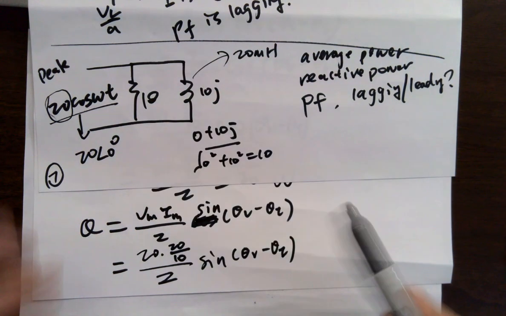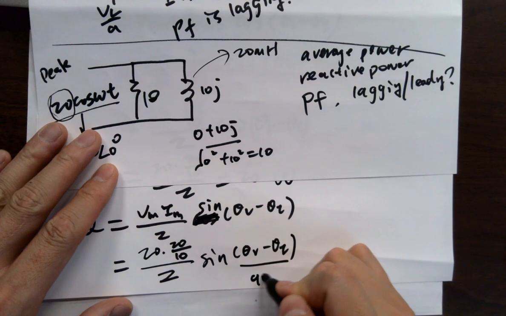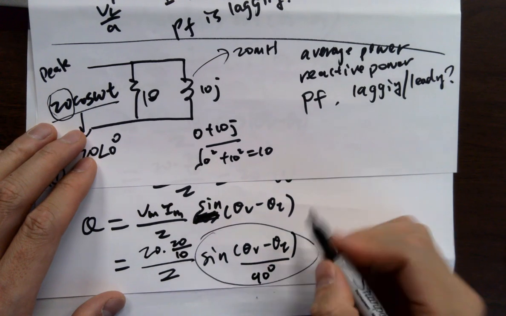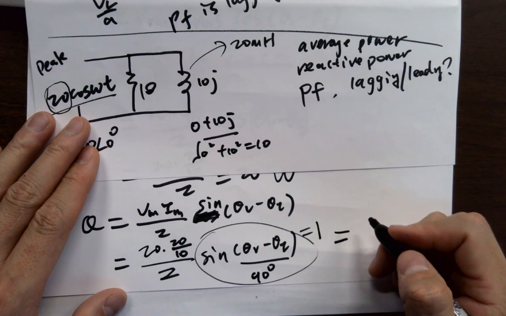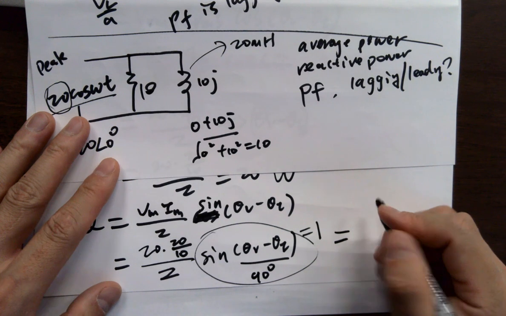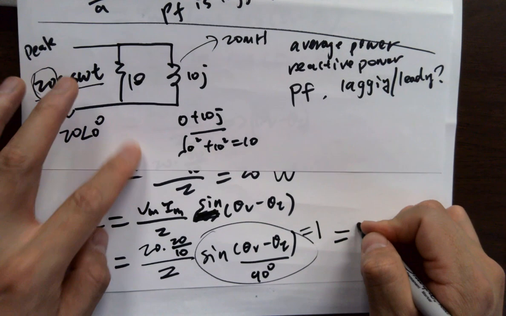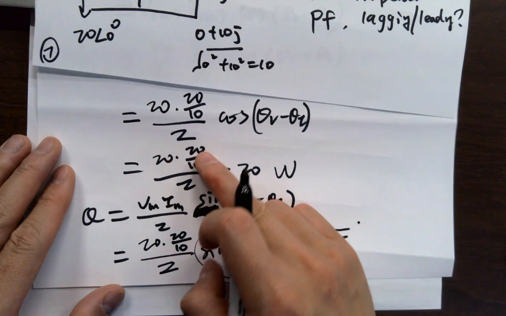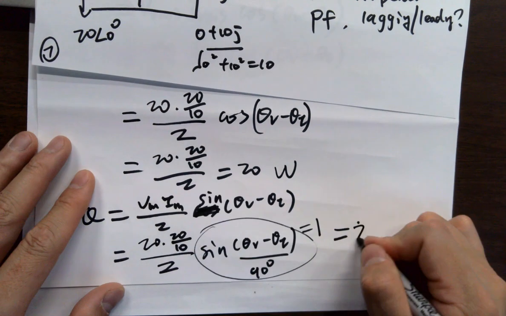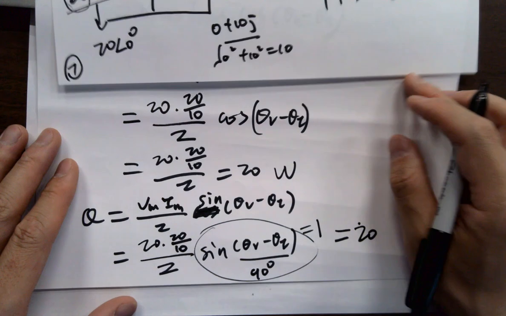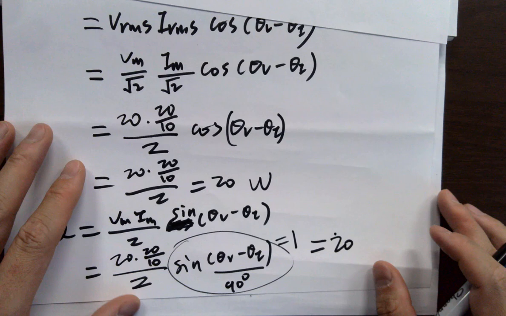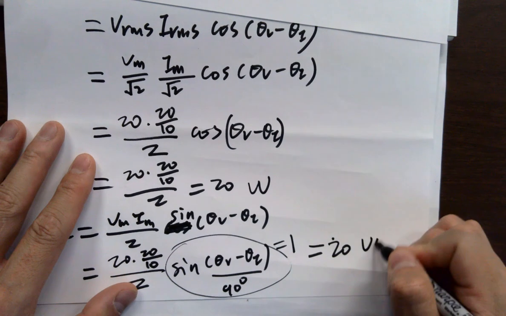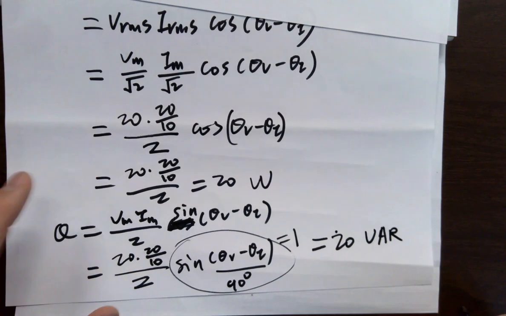So sine 90 degrees is 1. So eventually the reactive power of the circuit is 20 as well, but what's the unit for reactive power? It's VAR, right? VAR.